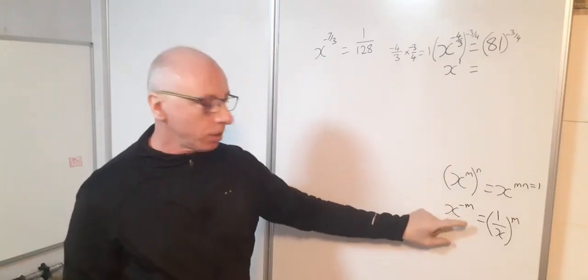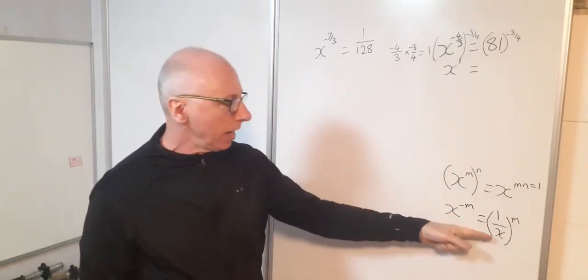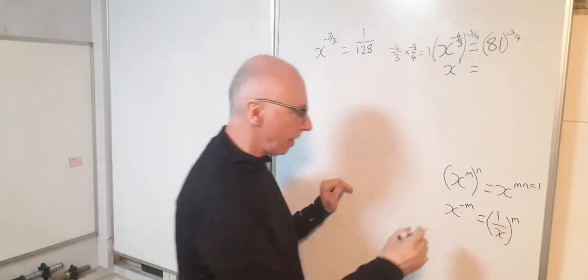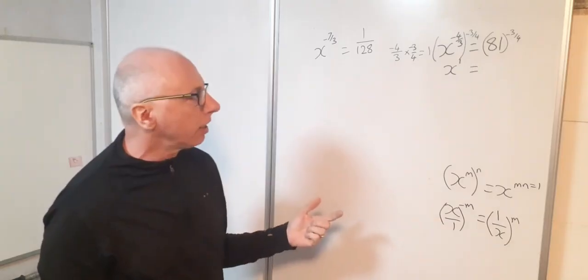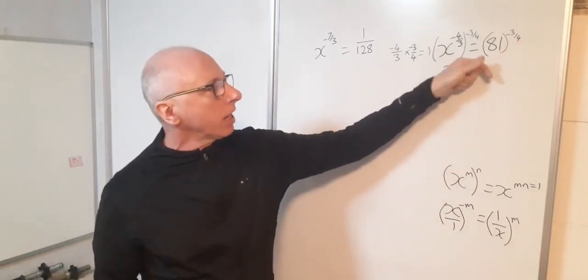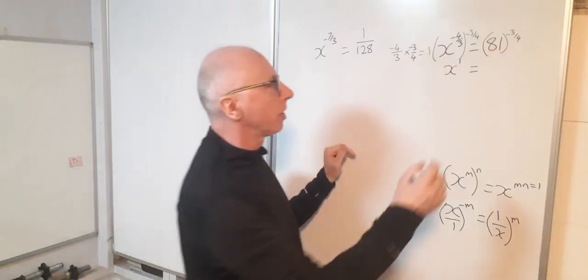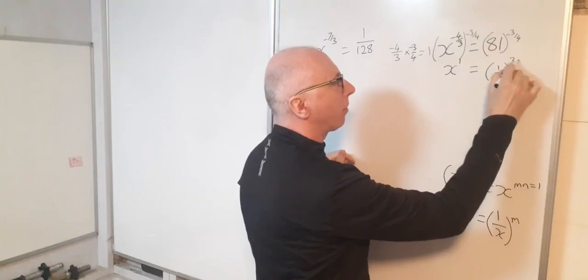So when we've got a minus, we can flip and take the reciprocal. So we could rewrite that as x over 1, just to make it completely clear. Now I'm going to turn that to a positive by taking the reciprocal. So then I've got 1 over 81 to the power of 3/4.